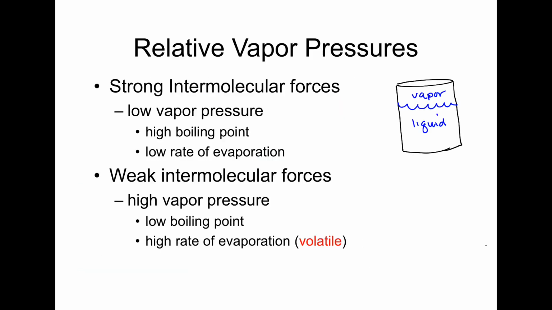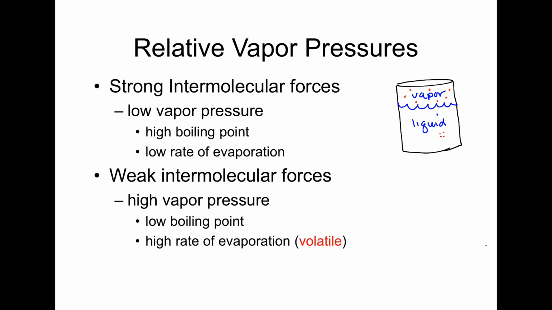So let's talk about how intermolecular forces influence vapor pressure a little bit. We know that vapor pressure comes from liquid molecules that have become part of a gaseous state that we call a vapor. So these are my vapor particles up here. If the intermolecular forces between those molecules are very strong, the molecules are going to want to stay really close together.